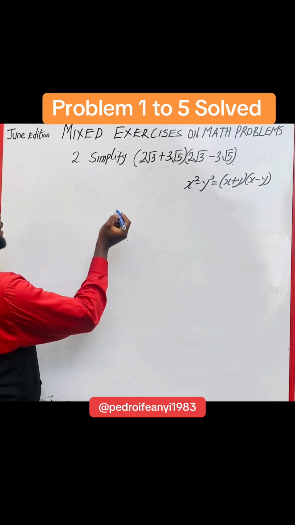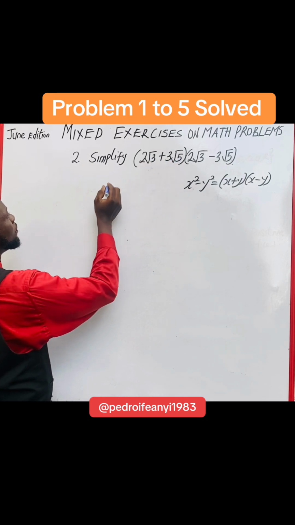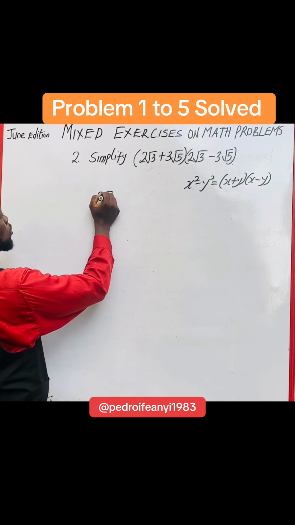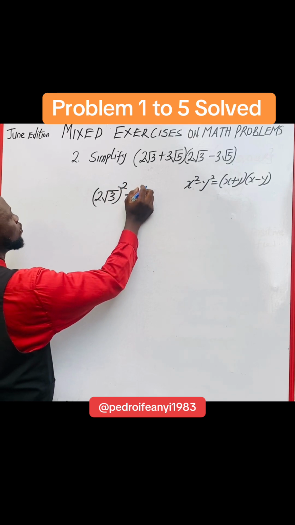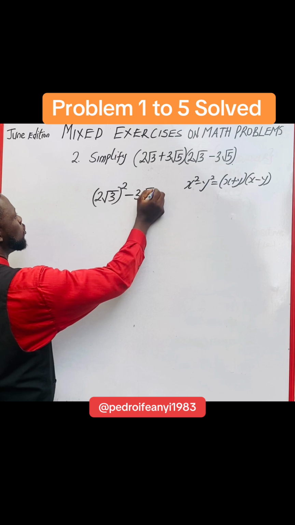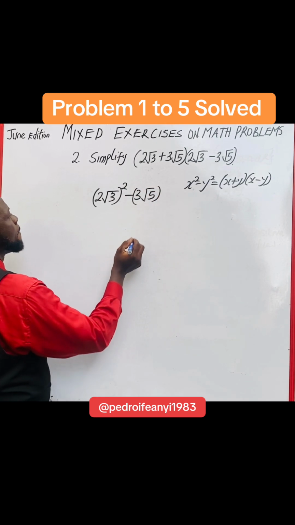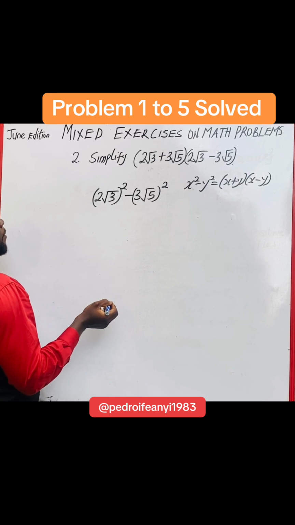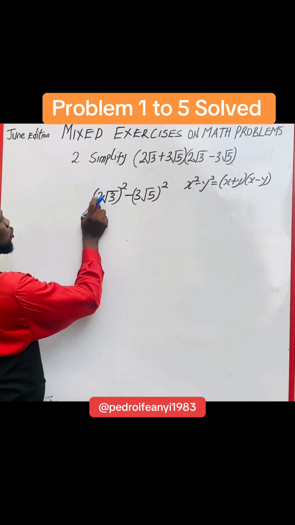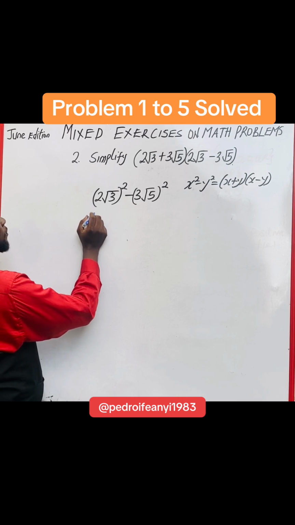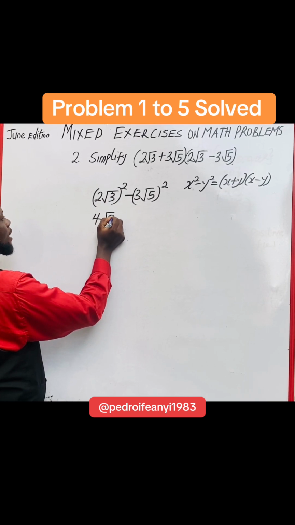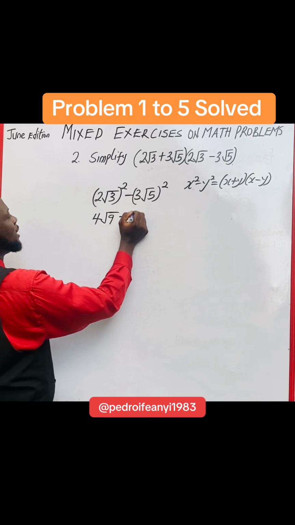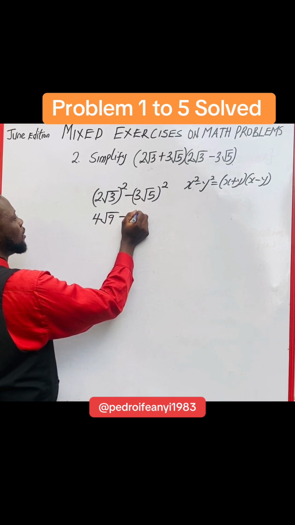So looking at it, you find it's a difference of two squares solution. What you do quickly is pick the two numbers. So you have 2 root 3 squared minus 3 root 5 squared. So 2 squared is 4. Root 3 squared is root 9, which is 3. Minus 3 squared is 9.